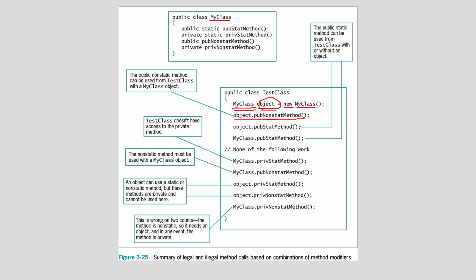So with the static modifier on the method pubStatMethod, the object name or the class name can be used directly. It can be used from the test class with or without an object.